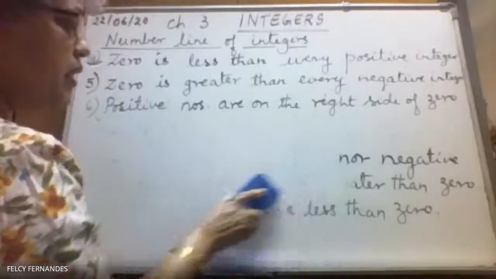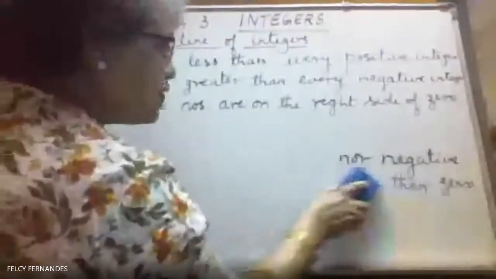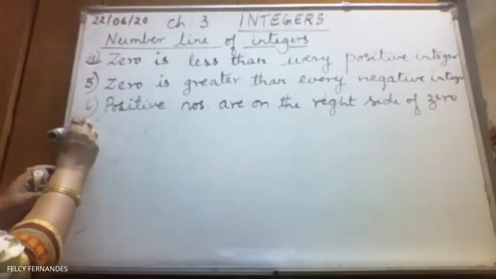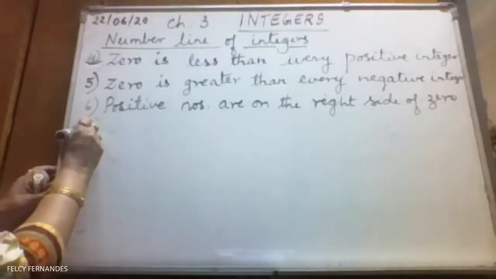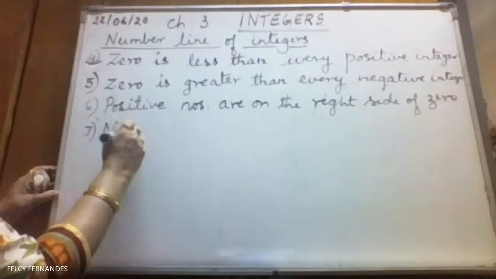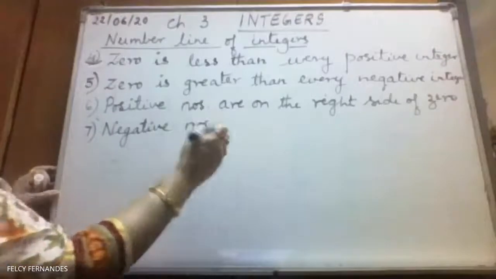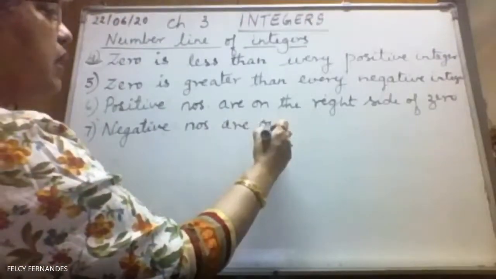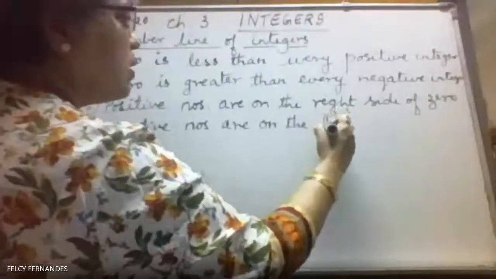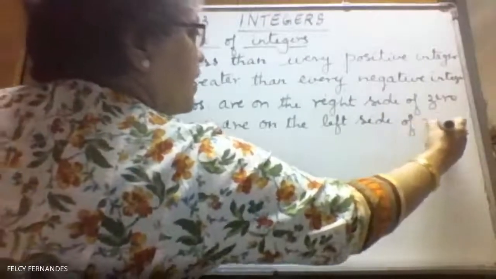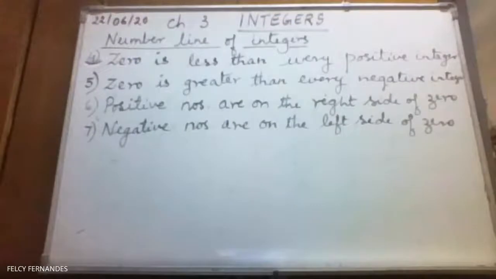The negative numbers are on the left side of 0.